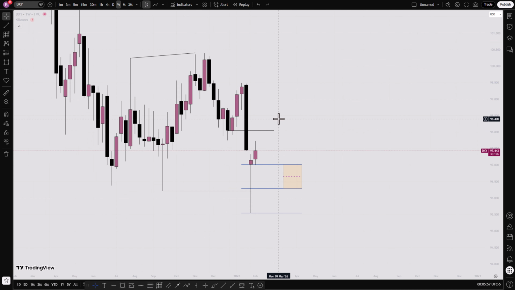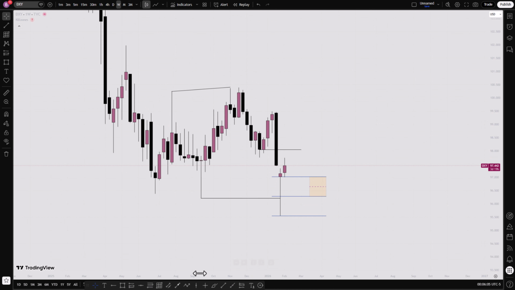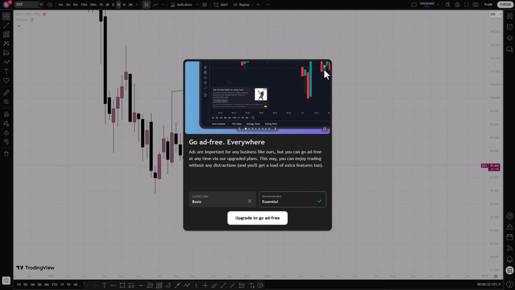So now, since we have established we want to see more bullish prices, either price coming here before moving bullish, or we want to see price continue bullish from here to this level, and then we will wait for confirmation before we sell. But right now, I'm not interested in selling the dollar index.